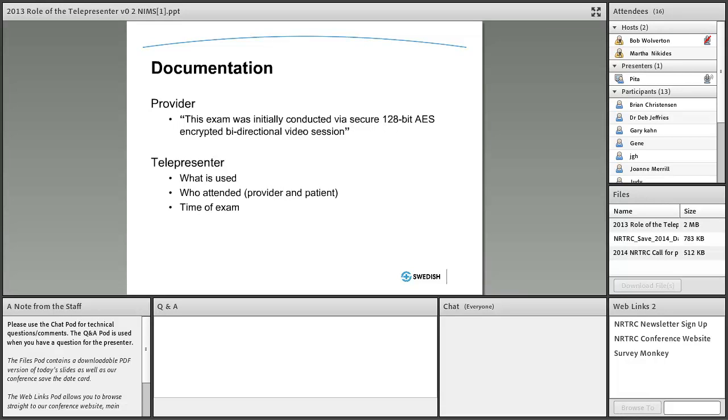There is multiple education out there in terms of what telepresenting really is, and that was part of what I did as well in preparation for building this role. They do talk about documentation, but once again, it's rather ambiguous. But essentially, it is just what you used in the exam, who was in attendance on both the provider and patient side, and the time of the exam.